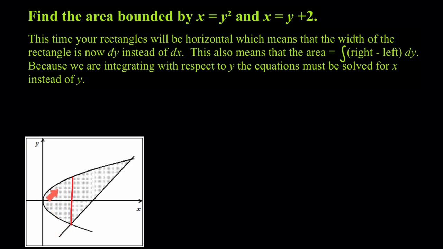We could do this region, which would be the integral of this equation minus this equation, the top minus the bottom, plus the integral from here to here of this equation minus the linear equation, because your bottom equation is different than it is over here. So again, you would have to separate this into two integrals and integrate both with respect to x. That is one way of doing this.